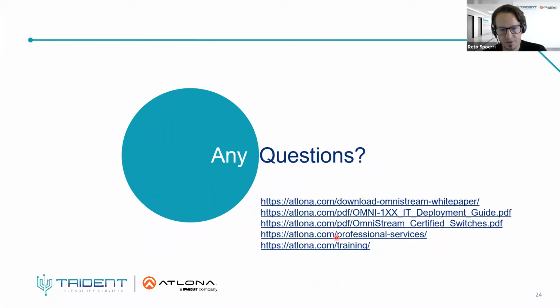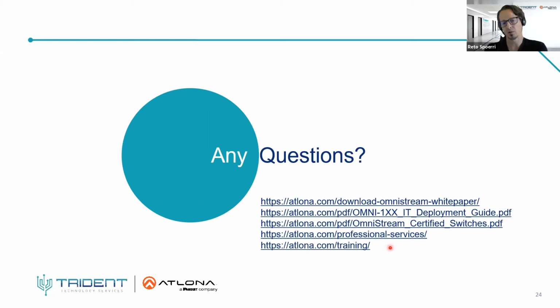Professional services is something we offer if you need consultancy, either in pre-sales phase or also during commissioning phase. So we can help you wherever needed, where you have not enough resources or you're still building up your knowledge. We can offer the professional services. And of course, there's also a huge training area on our website.